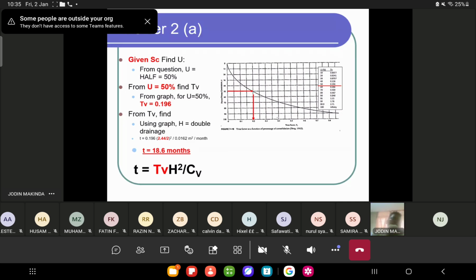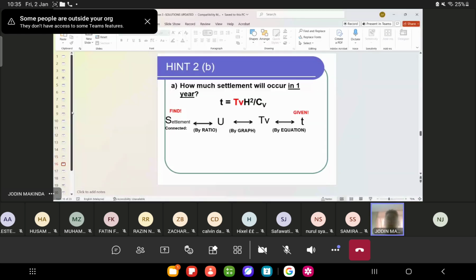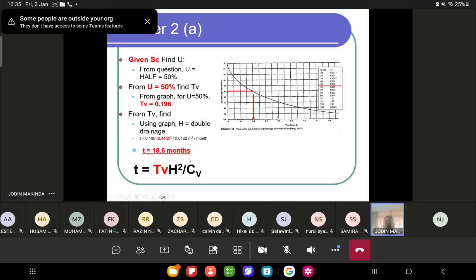This is the big equation, written big. Put all the information into the equation. We have TV, which is 0.196. We have the height of the clay, 2.44 divided by 2. Why divide by 2? Because of double drainage.